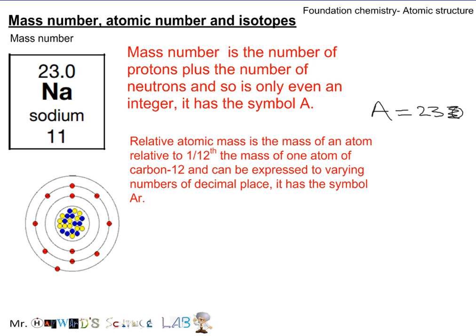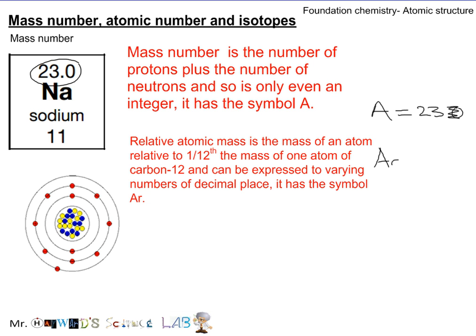A is 23. Now the relative atomic mass. These two terms might be used interchangeably at GCSE, but we need to make sure we understand the difference. The relative atomic mass is the mass of an atom relative to 1/12 the mass of one atom of carbon-12. You look at this more in chapter 2, and it can be expressed with varying numbers of decimal places. For example, in the periodic table we actually use the relative atomic mass, with the symbol Ar.